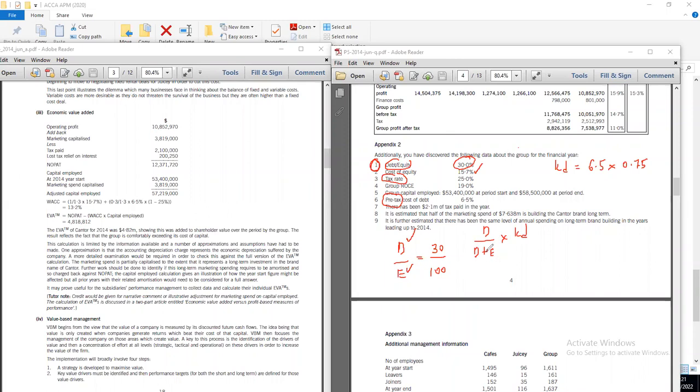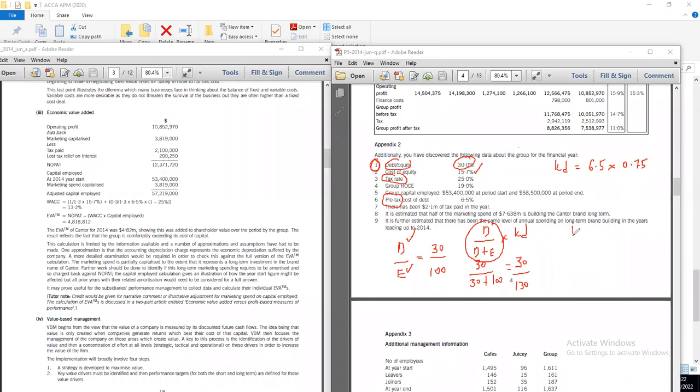So what we are supposed to do here is say 30 over 30 plus 100, or 30 over 130. So this is how the proportion of debt would look like.